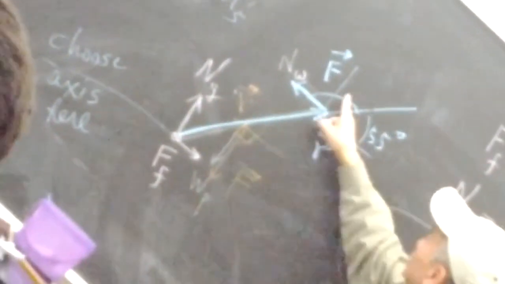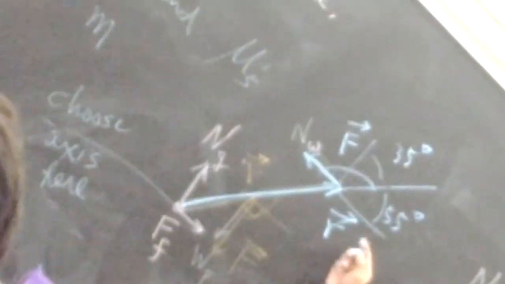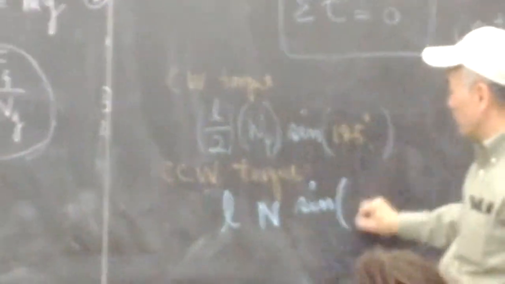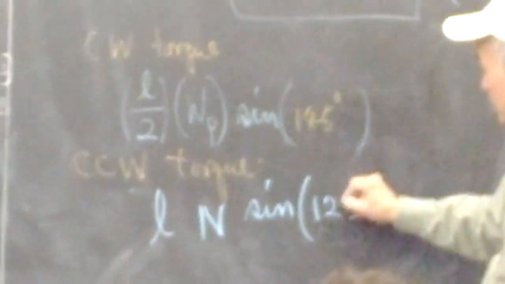Wait, not the same. Come on. This is a 55 degree. So what's that angle? 35 degree, right? Okay, so you add 90 to the 35. What do you have? 125. So that's going to be the L times the normal force at the wall times sine of 125 degrees.